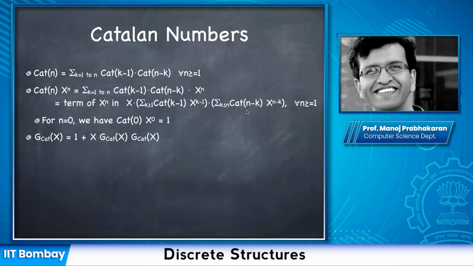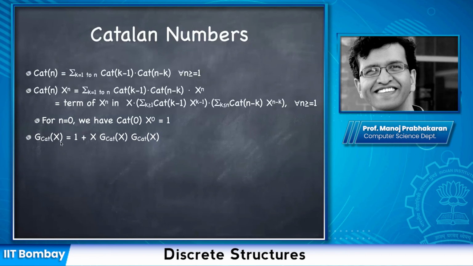Here k ranges over all non-negative powers of x. So these are both the same as the generating function for Catalan numbers. Okay, so we have this identity for the generating function.